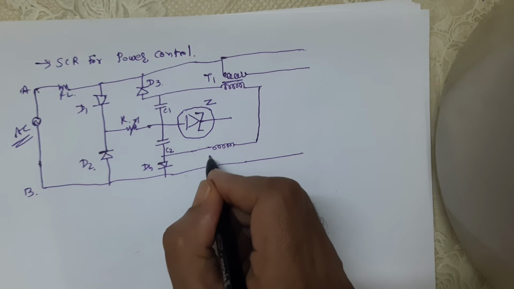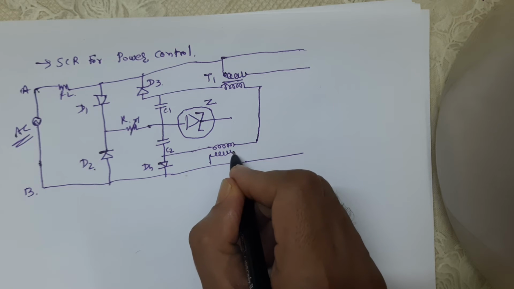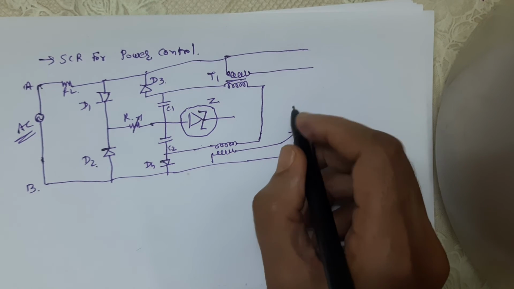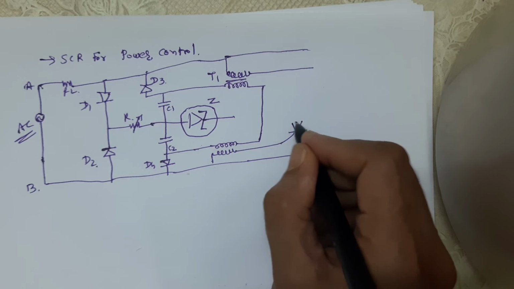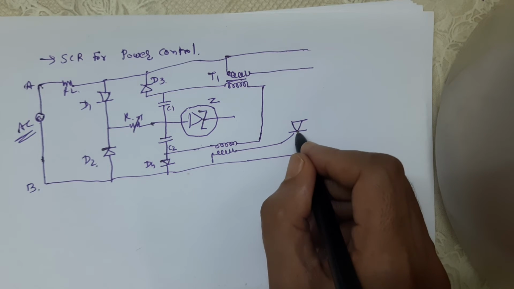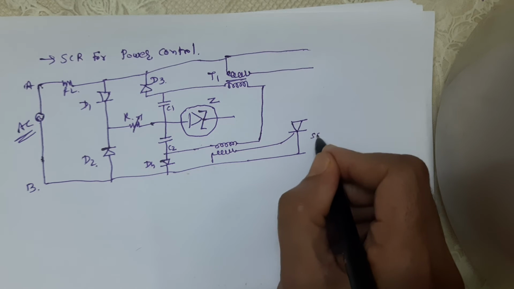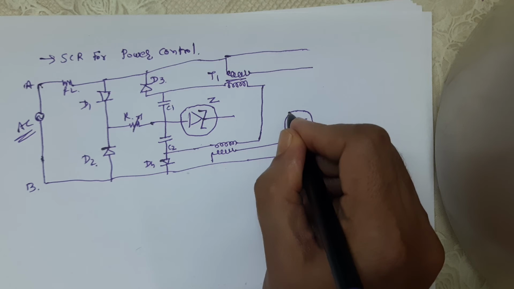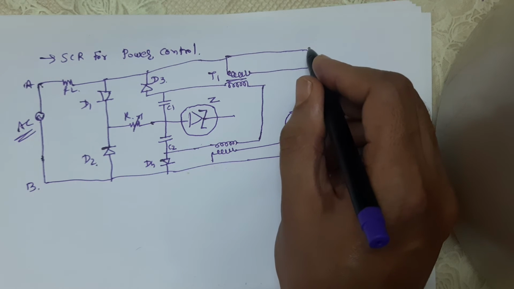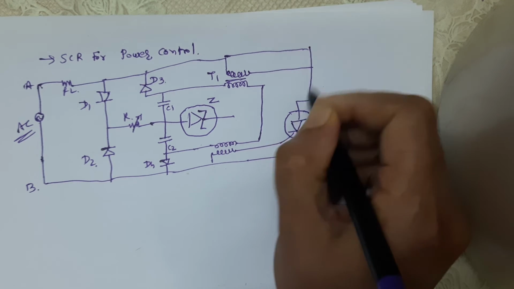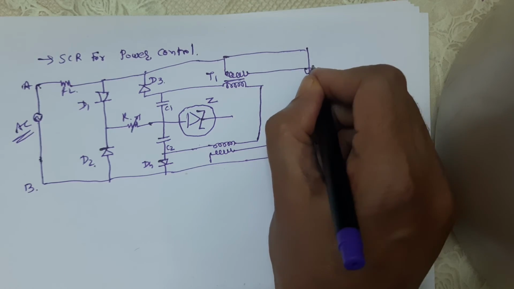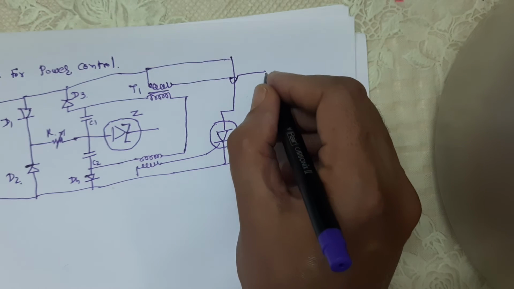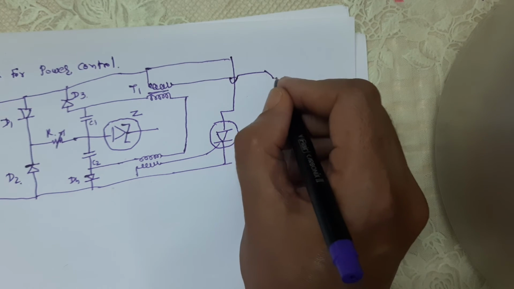And this is connected here, the second transformer from the C2 and D2 looks like this. Again there is a transformer, then it is given to the SCR2, and finally this is your SCR1.